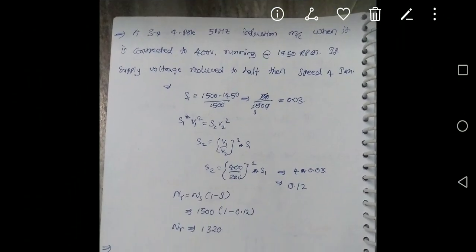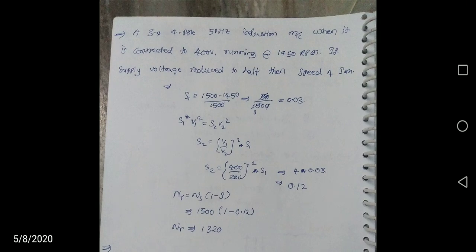This is the problem. A 3-phase 4-pole 50 Hz induction machine is connected to a 400 volt supply, running at 1450 rpm. If supply voltage is reduced to half, then find the speed of the induction machine.